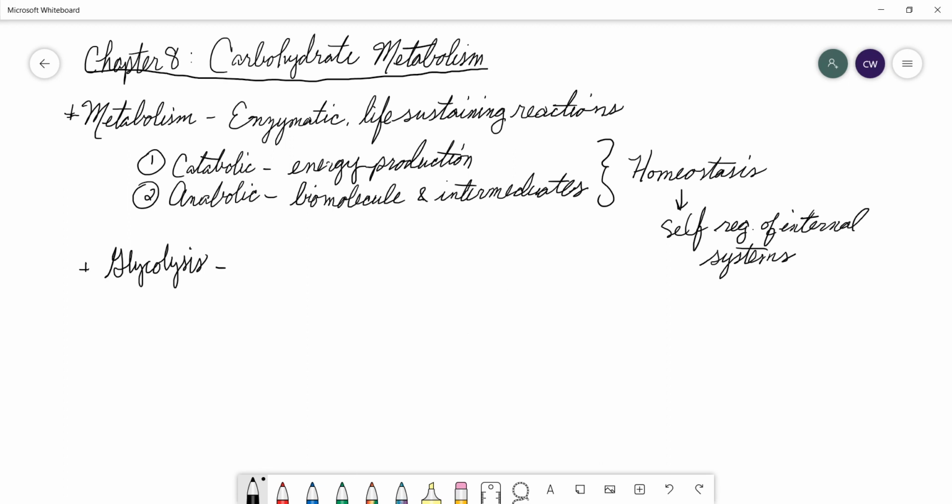The glycolysis pathway is the one involved in pretty much the production of energy from carbohydrates. There are two pathways available for glycolysis: anaerobic and aerobic.